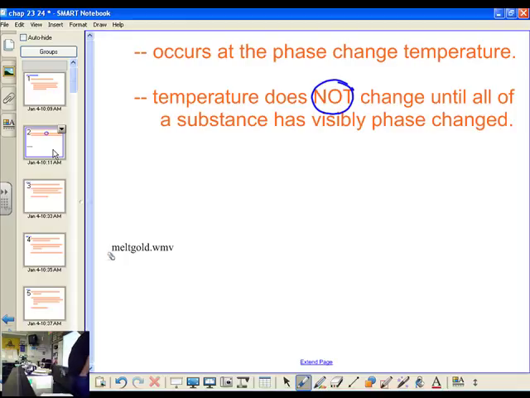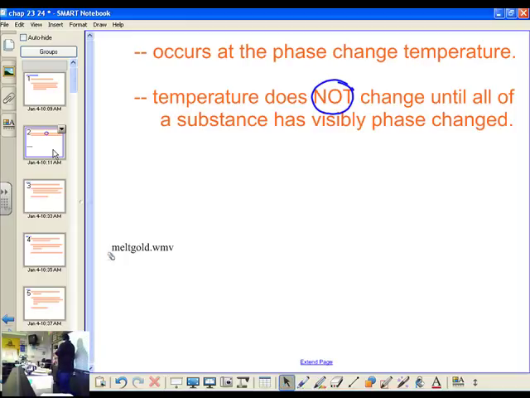In other words, during phase change, if there are two states present, solid water and liquid water, as long as you have both visible, the temperature does not change. Okay? During that whole process, the mixture will remain at 0 degrees Celsius.